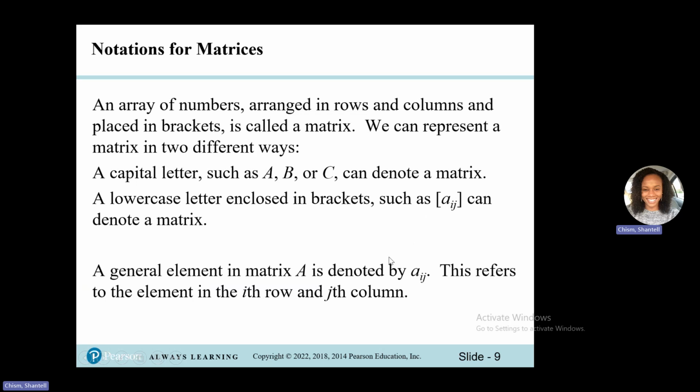Now, if you leave off the bracket, then a general element within the matrix is denoted by just a_ij. This references the element in the ith row and jth column.